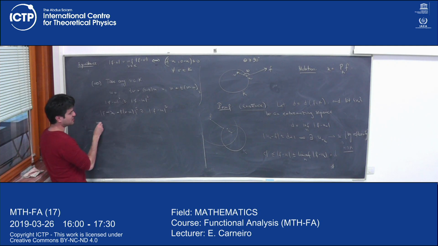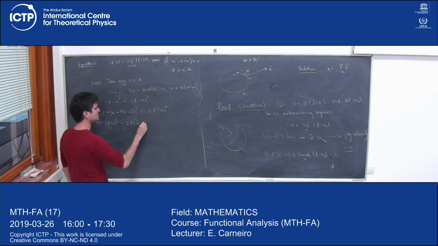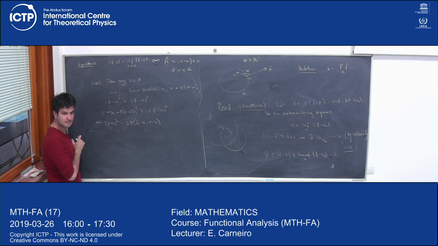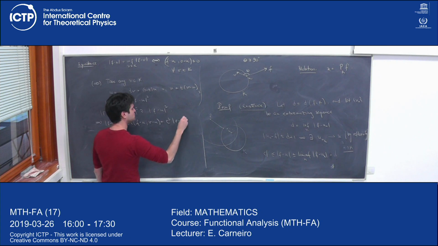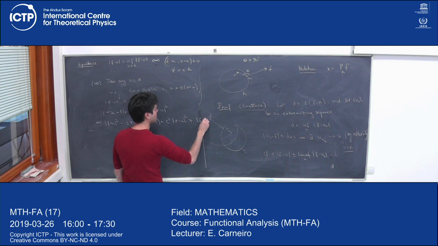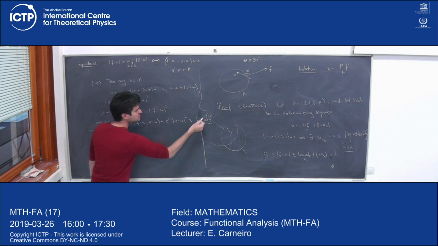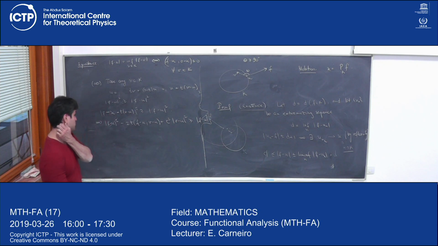When I open this up, this implies this is the norm squared of f minus u, minus 2t times the inner product of f minus u and v minus u, plus t squared times the norm squared of v minus u. And this is bigger or equal than the norm squared of f minus u. Now I cancel the norm squared of f minus u, and I have some polynomial here in t, which is bigger or equal than 0.